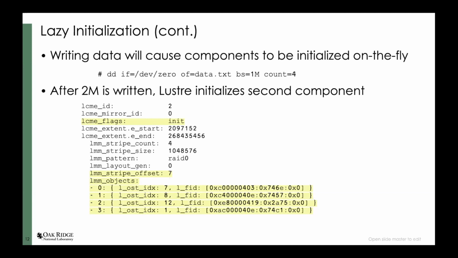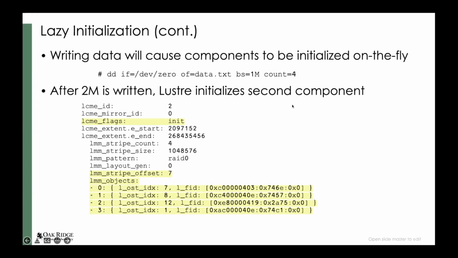In this case, after I did the write, I've shown the LFS getstripe output just for that second component. Now you'll notice that the flags field has changed from 0 to init, showing that it's been initialized. It's also evidenced by the fact that there are now OST objects assigned to it. It's stripe count 4, so we see that 4 OSTs, 7, 8, 12, and 1, have been assigned to this component.